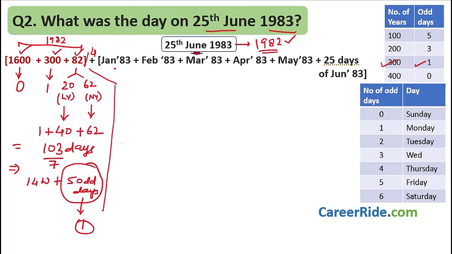Now I'm coming to 1983, the year that is currently running, and we want to find 25th of June 1983. It means January, February, March, April, May have passed and 25 days of June are there. January has 31 days. February, this is a non-leap year, 83 is not divisible by 4, so it has 28 days. March again 31.